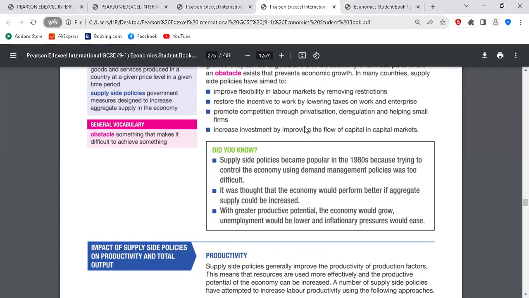To promote competition through privatization: most of the time, the strategic businesses like electricity and water supply are strategic things in an economy, mostly done by government. But government is sometimes linked to inefficiency.